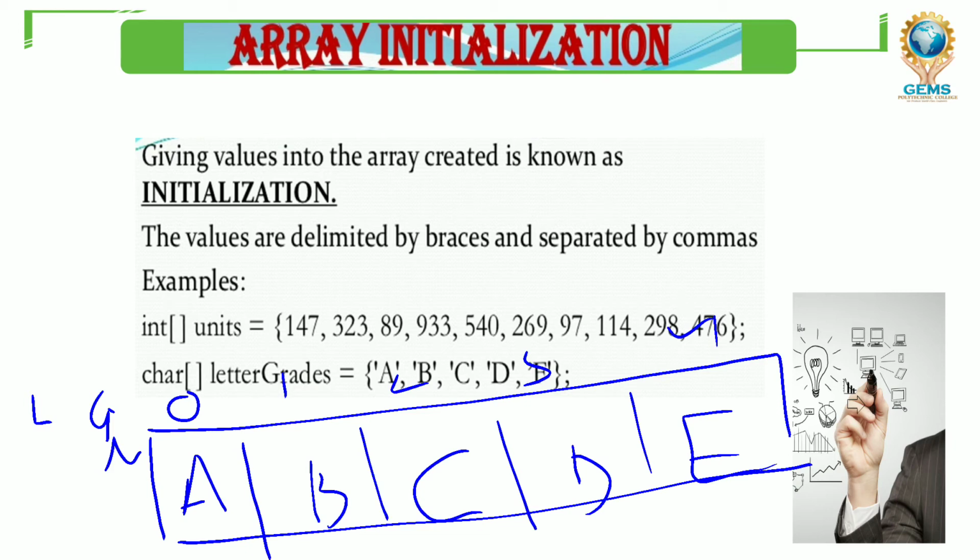So once initialization is over, the elements will go and be stored inside the memory. This process is called initialization. Initialization is nothing but giving values to the array.